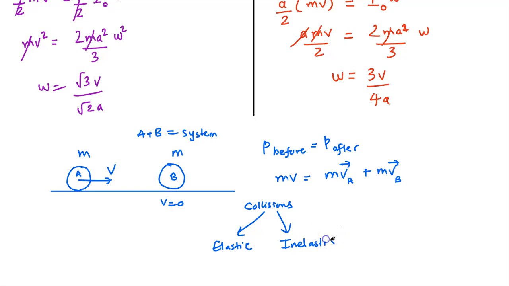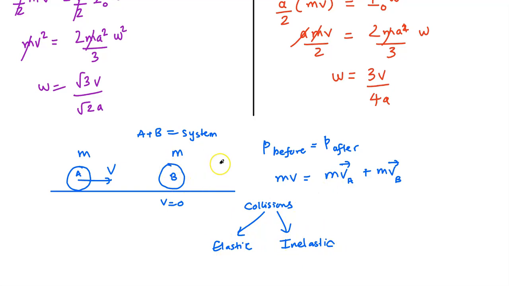In an elastic collision, we know kinetic energy is conserved, whereas in an inelastic collision, kinetic energy will not be conserved, right? That means some part of the energy of particle A is going to convert into sound or heat when it collides with particle B. So kinetic energy is not always conserved, right?